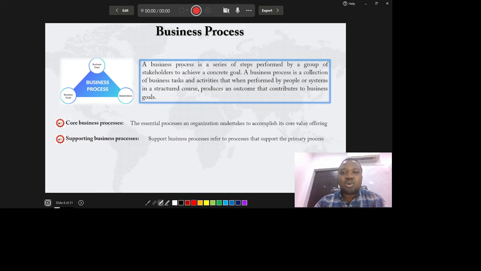So, for example, what is the process of delivering this particular capacity building? Maybe the first step would be, we reached out to the MF team. Then, secondly, internally, we agreed on participants for this particular process.